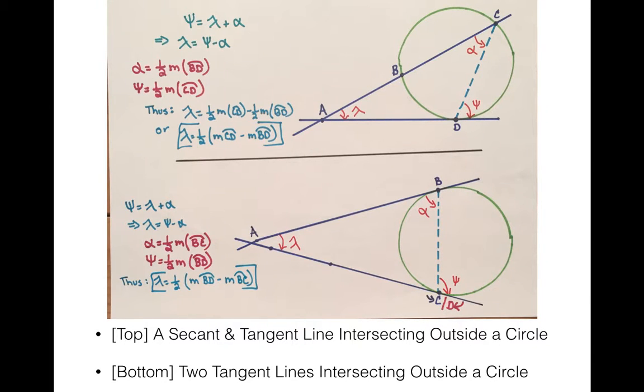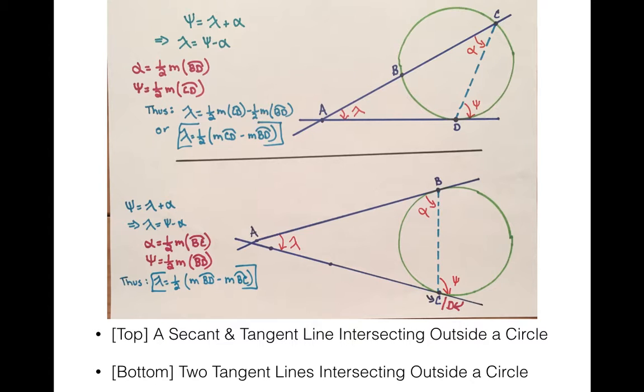Next, at the top, we have a tangent line and a secant line intersecting outside of a circle. Again, we're going to drop a chord from C to D, and then use our understanding of exterior angles to solve for lambda. So we know that psi is equal to lambda plus alpha, which we can rewrite as lambda is equal to psi minus alpha.